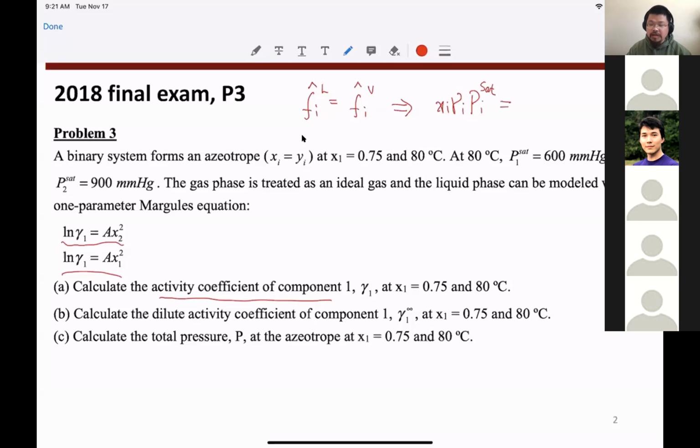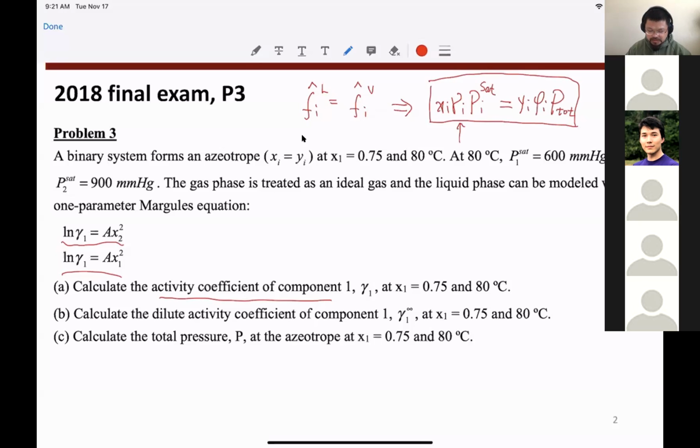For the vapor phase, that would be y_i, the fugacity coefficient phi_i, and then P total. So for any system, we should be able to write down this equation and move on. This is the first thing, and that actually explains why we are interested in those activity coefficient models.